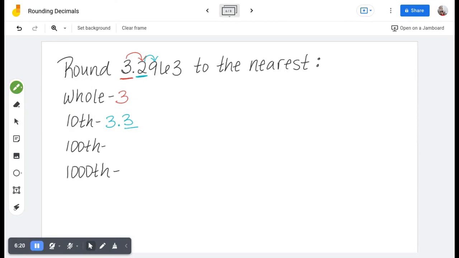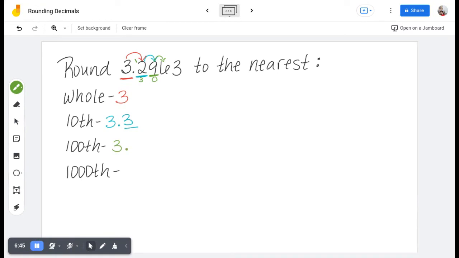The next one says nearest hundredth. Look to the right, it's a 6. 5 or more, let it soar. So that 9 needs to go up. Now you can't put 3.2 and then cram in a 10. So what we're going to do is make that a 0 and carry the 1 up here. So that's going to become a 3 when you put it together.